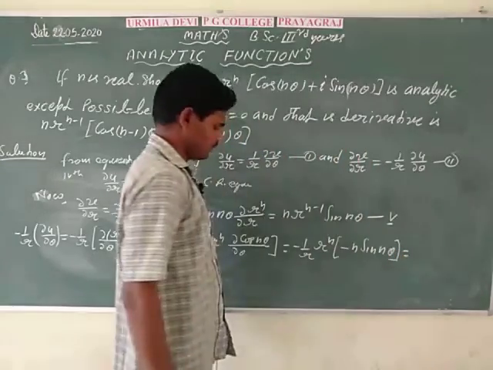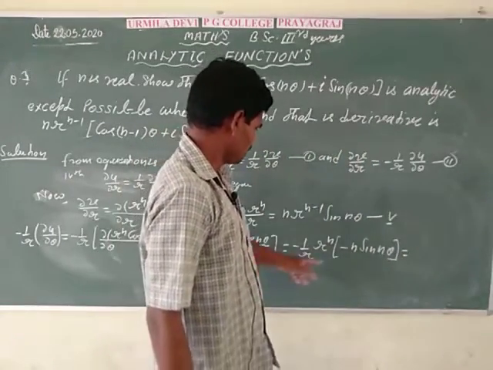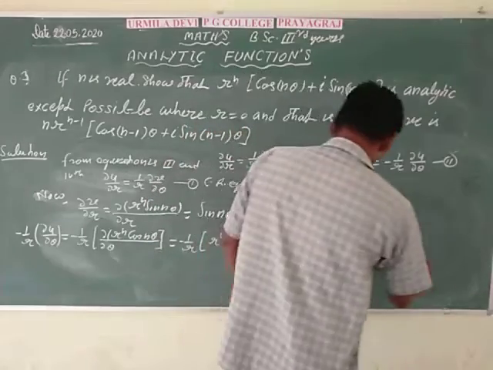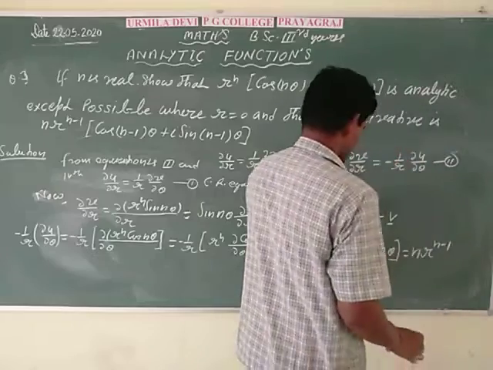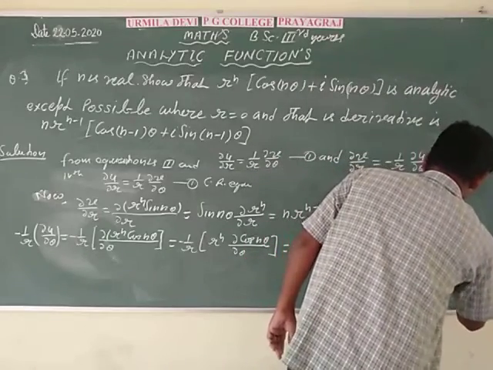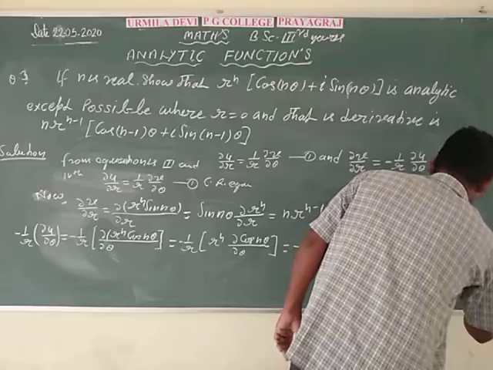After simplification this is equal to n r to the power n minus 1 sin n theta, taken as equation 6.